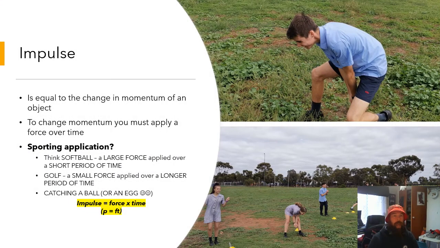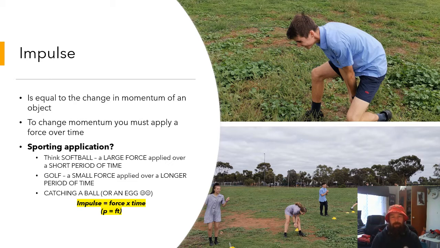So now we're going to look at impulse. Impulse is equal to the change in momentum of an object. To change momentum, you've got to apply a force over time. Some sporting applications: you might have softball, where you apply a large force, swinging the bat, over a very short period of time to the softball, which then sends it out into the outfield.